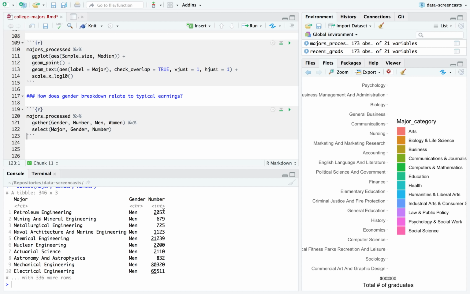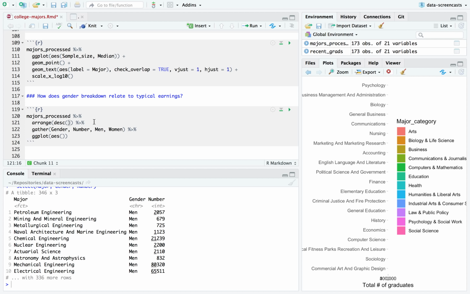Here we have gender, men, and number. And so here I've gathered that column into men, and later there's women. And that's really, really handy, so that I can do, I need the top 20, the 20 most common majors.